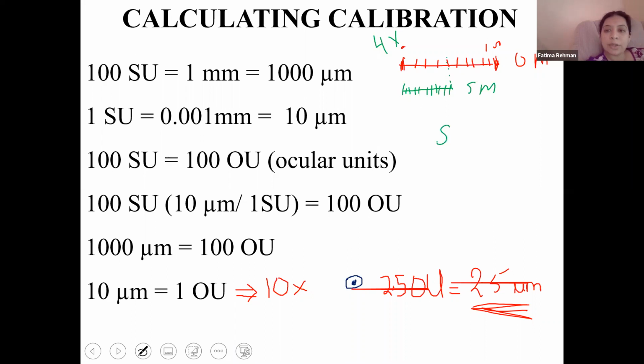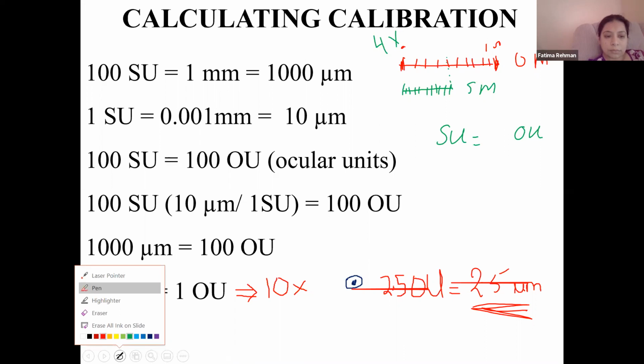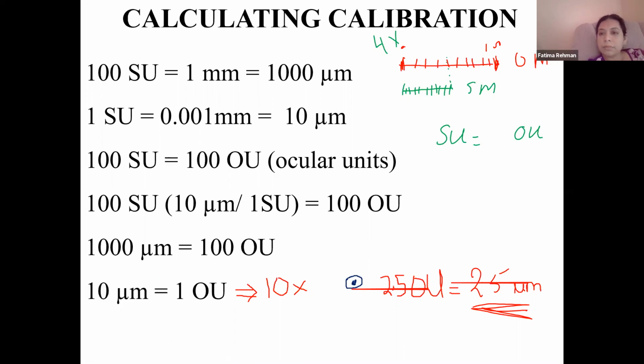How many stage units are going to equal how many ocular units? Anyone?